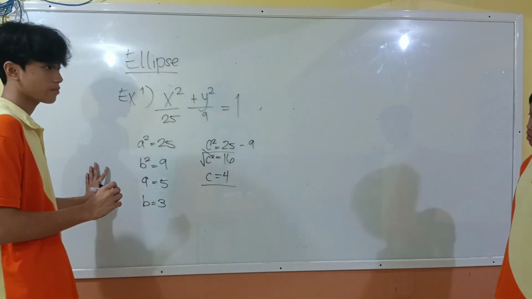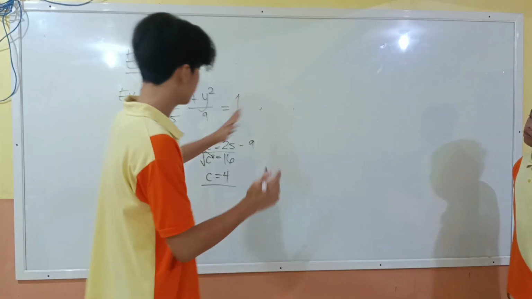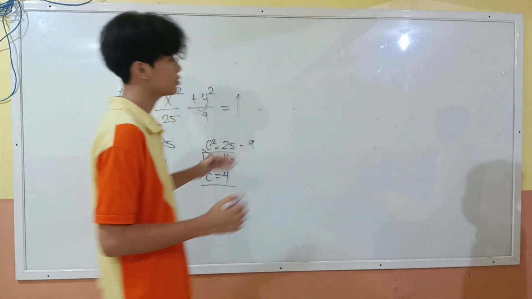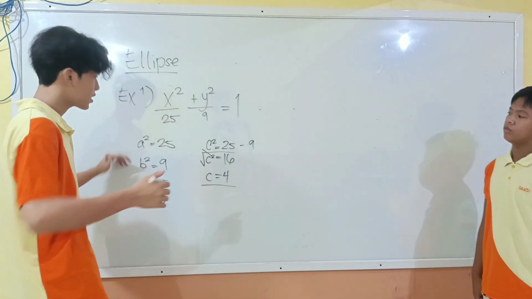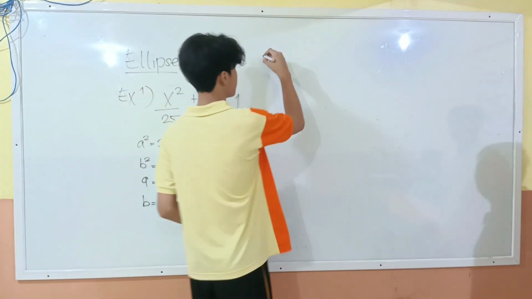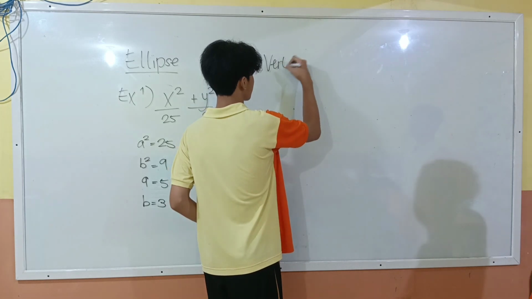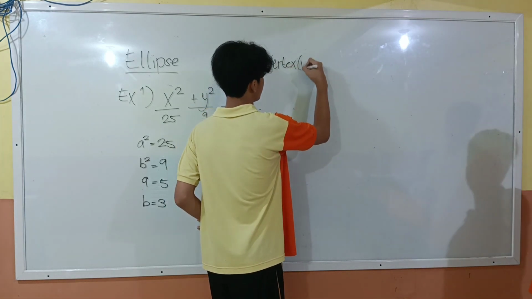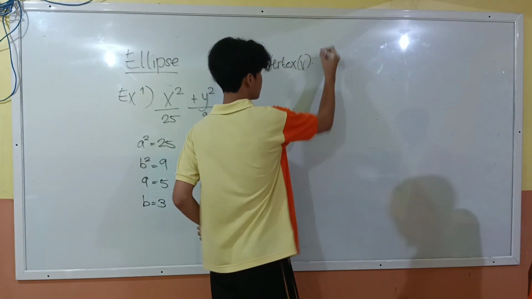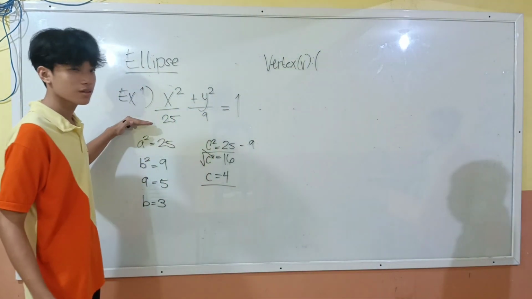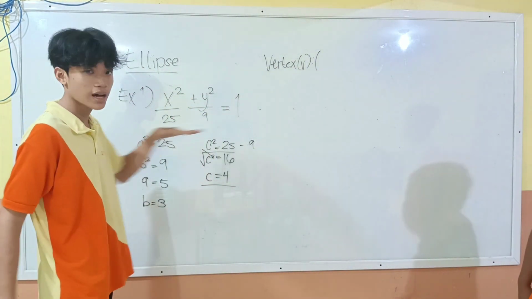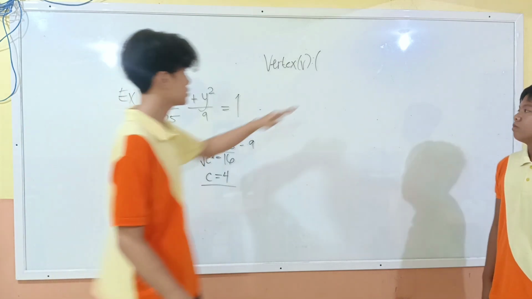That we know that. And then the next step is to determine our vertex, co-vertex, and then foci. So you write here vertex or v, and then you take its value. Since it is on the x-axis, it is on the h.